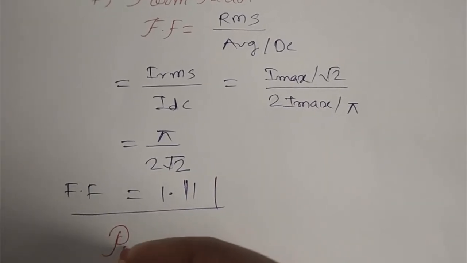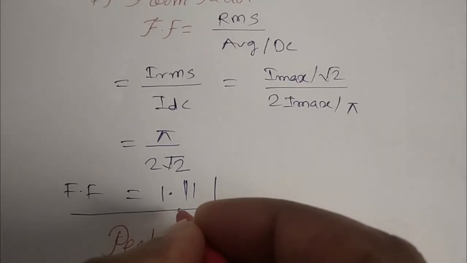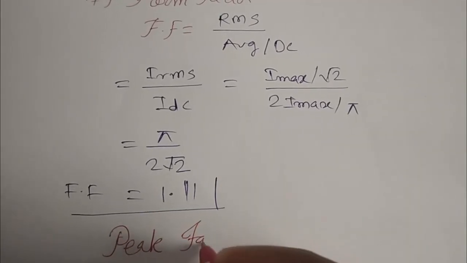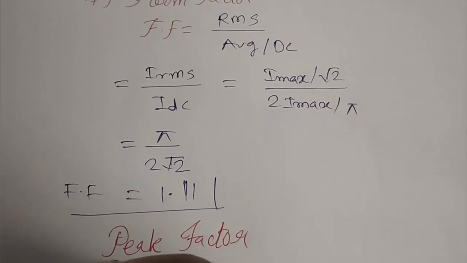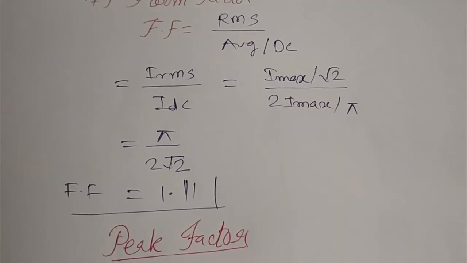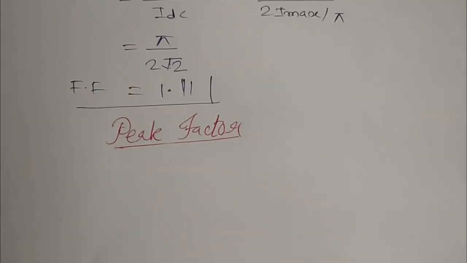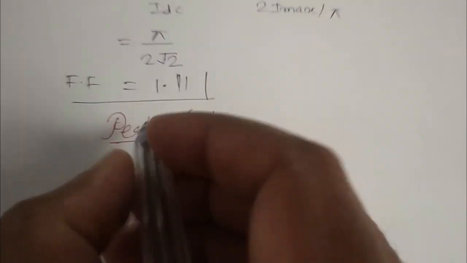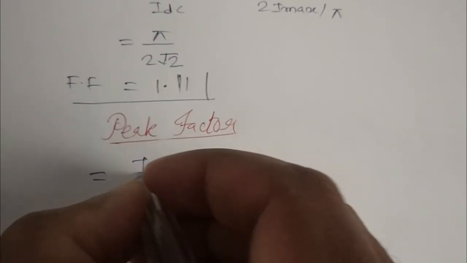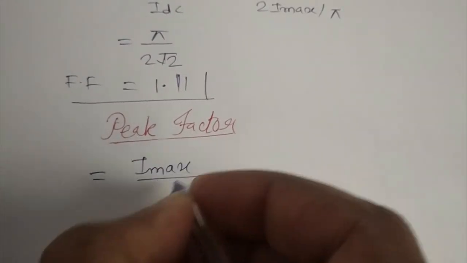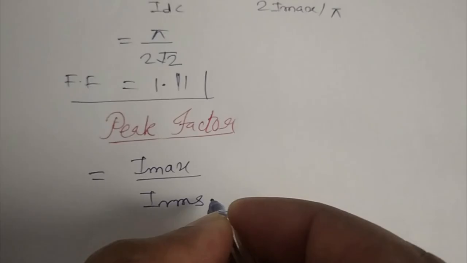Similarly, we can find out the peak factor. In the same section, we can see the peak factor. Peak factor is defined by the peak current divided by the RMS value. Peak current is I max and RMS of current is I RMS. So this particular peak factor will be given by I max by I RMS.